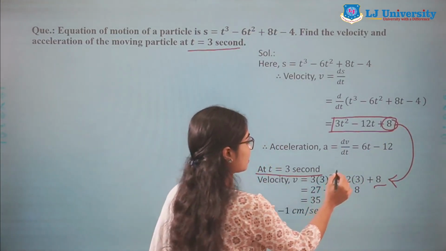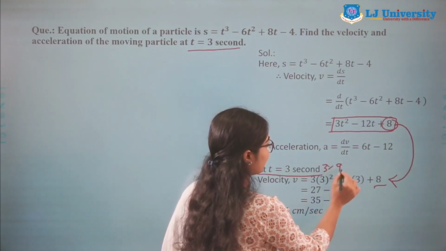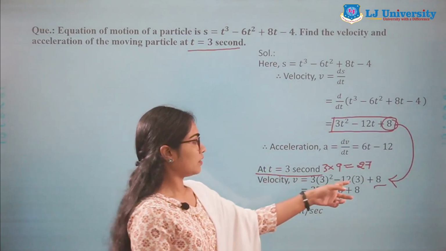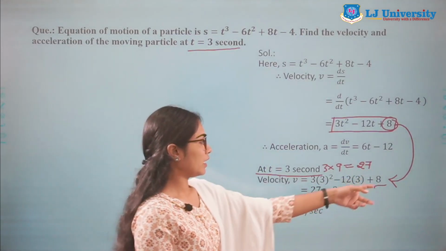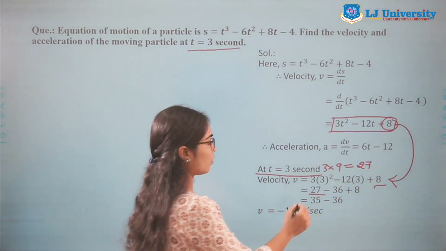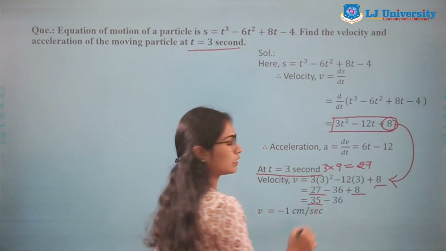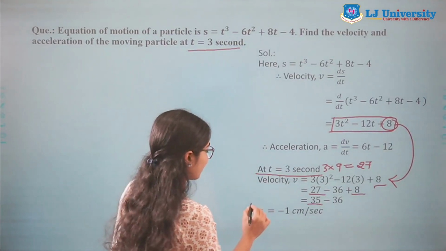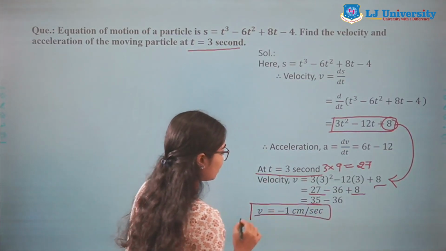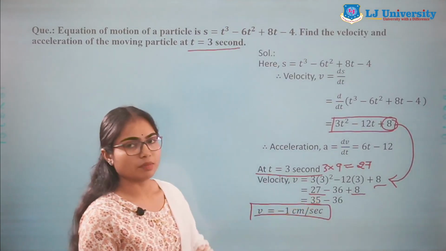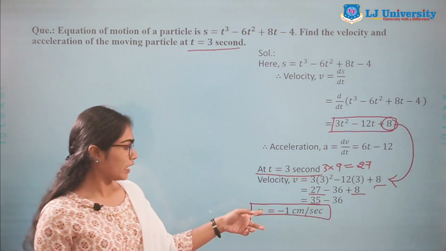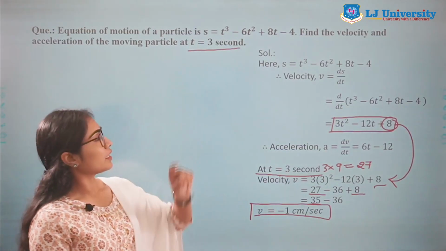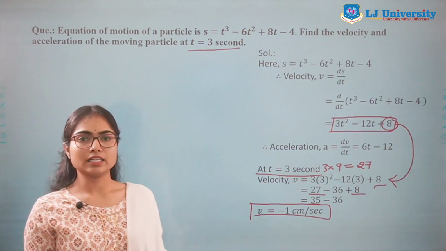Now 3 square is 9 and 3 into 9 is 27. So here it is 27, 12 threes are 36, and 8 as it is. Now 27 plus 8 is 35 and 35 minus 36 is minus 1. So here we get velocity v equals minus 1 centimeter per second. Now we get the value of v as negative, that means the particle's net displacement is in the negative direction.